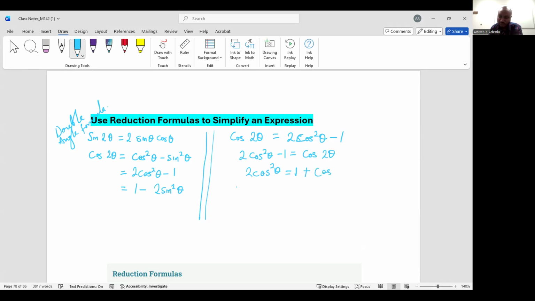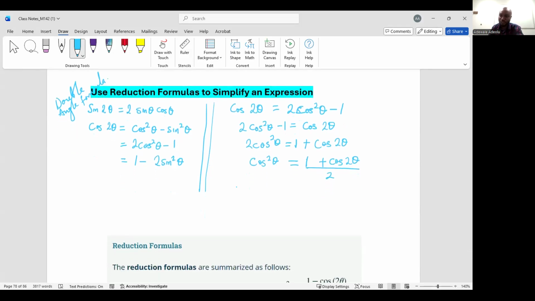And now I can divide through by 2. So I have cosine squared of theta equals 1 plus cosine of 2 theta divided by 2. So I call this a reduction formula for cosine squared of theta.